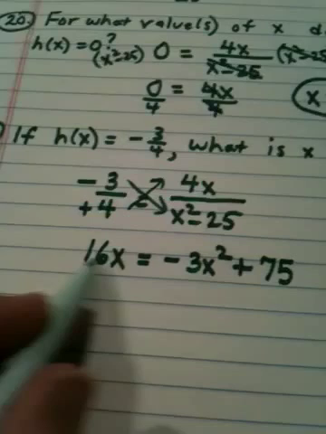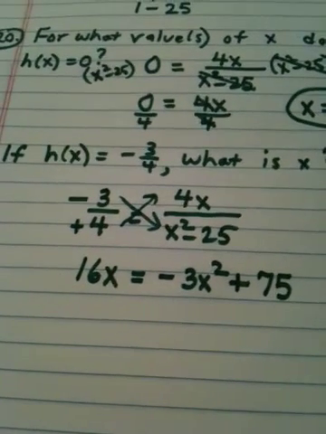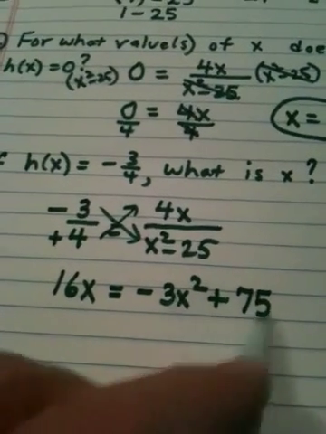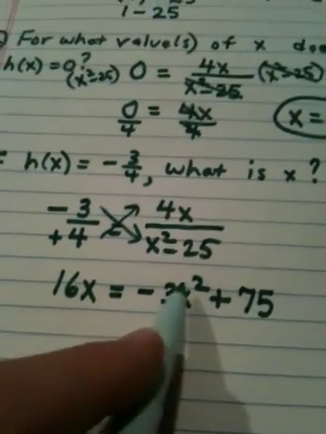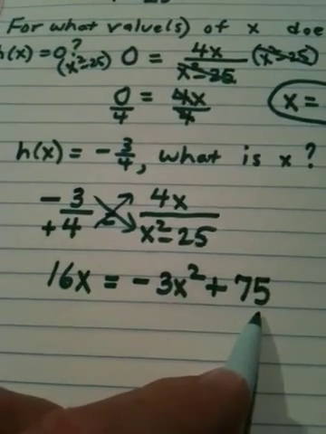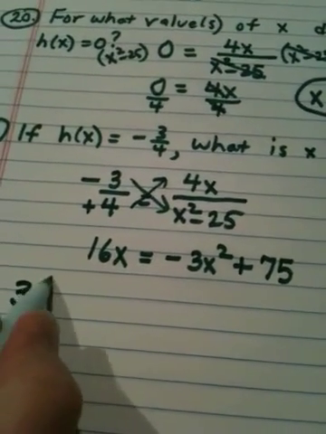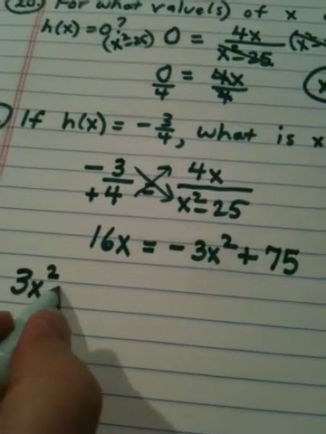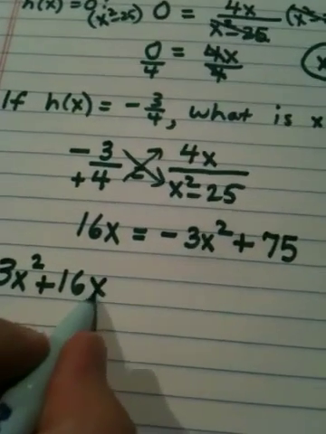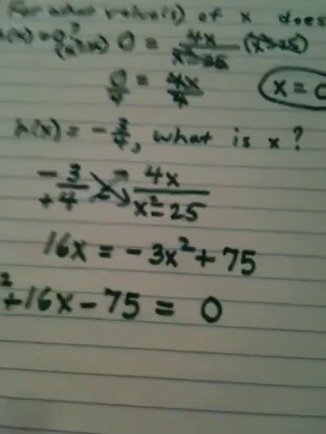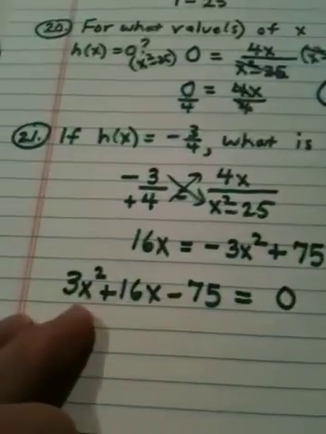I end up with a quadratic equation. I need to put this quadratic equation in standard form. So I'm going to set this side to 0. I'm going to add 3x squared and subtract 75 from both sides. And I'm going to get 3x squared plus 16x minus 75 is 0. This is what I'm going to get.